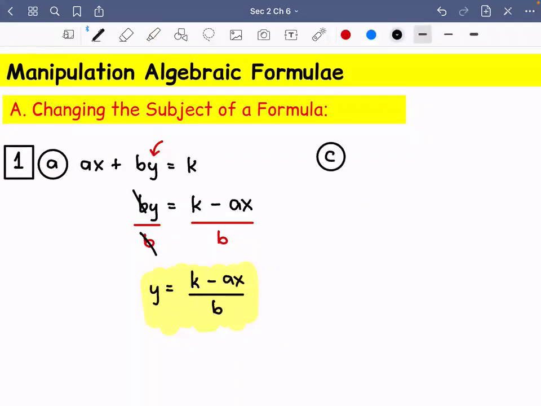Okay. So for letter C, we have 5b minus 2d equals 3c. And what subject should we make? Oh, d. Okay, this one. So how do we do that again?